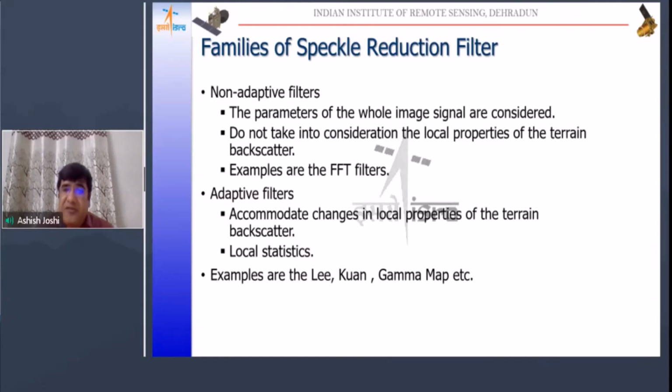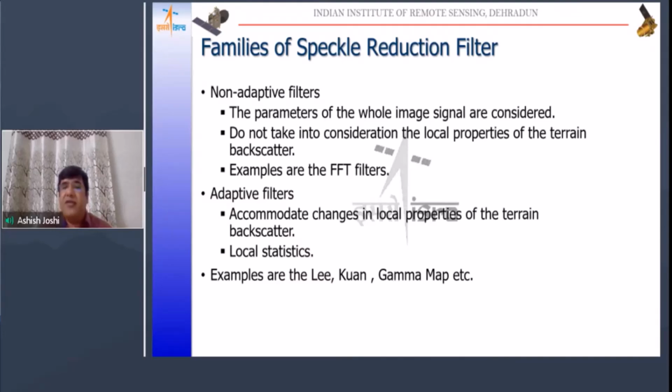In the FFT filter, we do the frequency transform, and after that we find the high frequency components. We cut the high frequency components and do the inverse transform to come back to the time domain. So this is called the FFT filter. For the full image, we are doing the speckle filtering. We go to the frequency domain and find the high frequency components. Why?